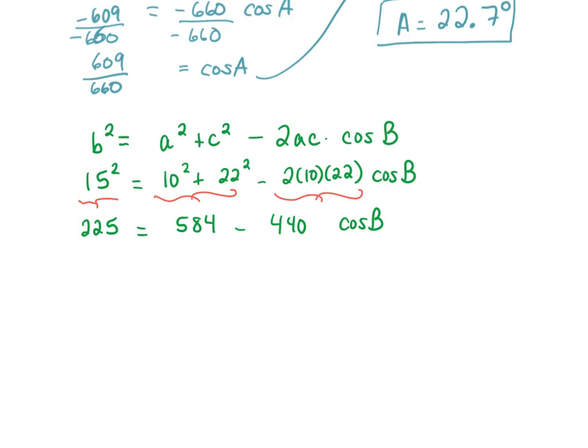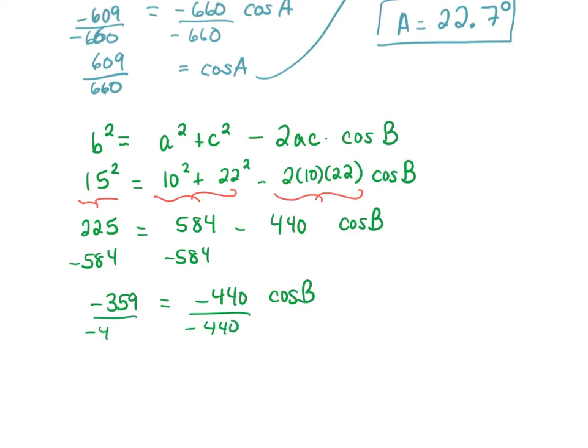And so now I'll move 584 to the other side. So I get negative 359 equals negative 440 cosine B, and I'll divide by negative 440. So cosine B equals 359 over 440.